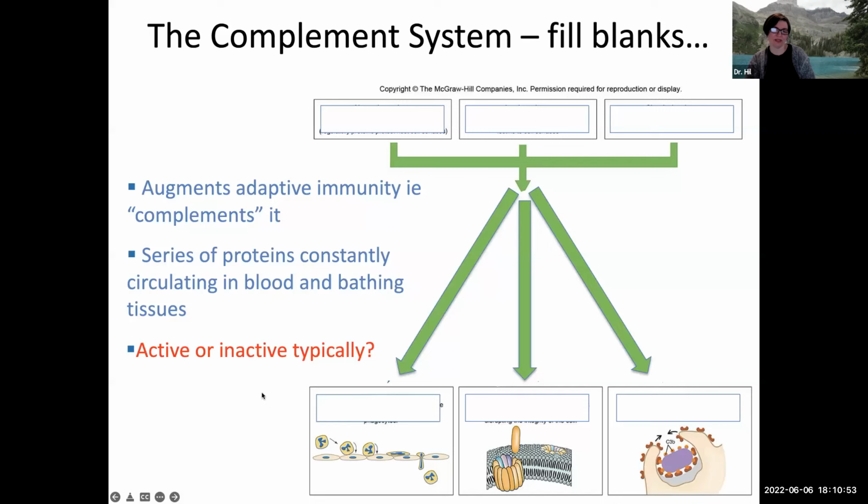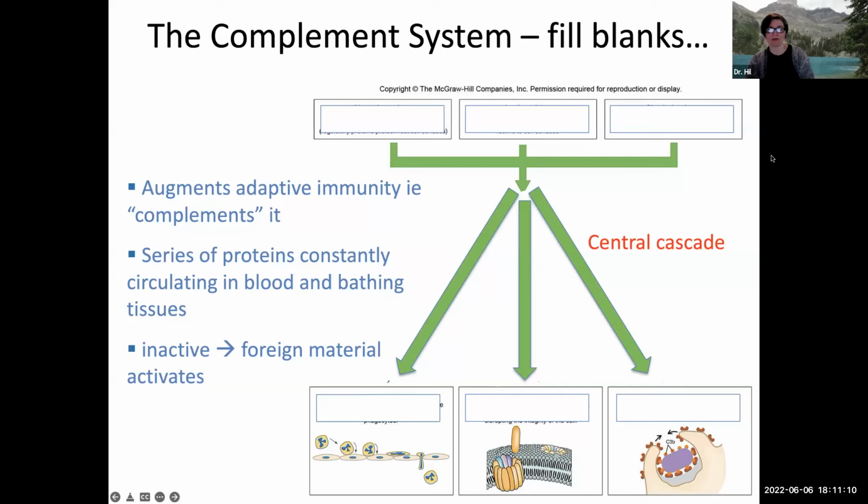That's right. So these are circulating all the time, but they are typically not activated, which is good news, actually, because that would be a problem. And so there's a variety of activating events, but they're typically inactive unless they've been activated.